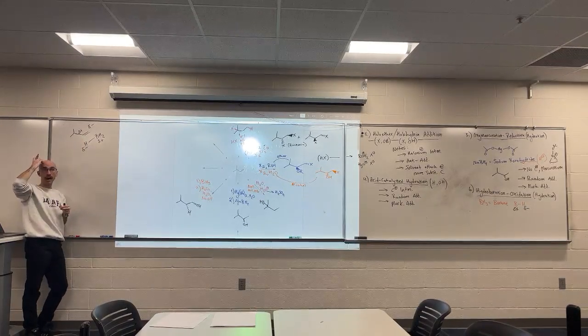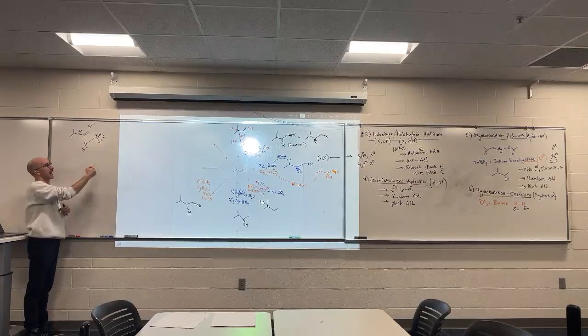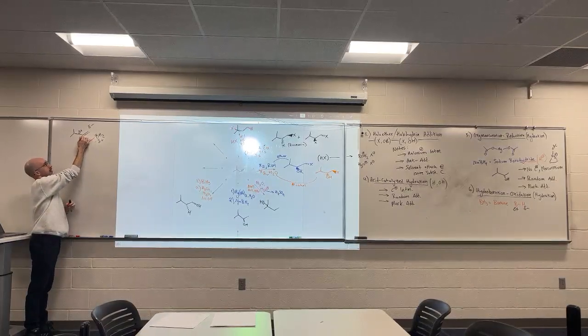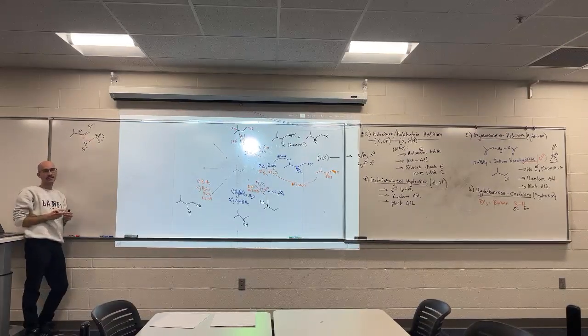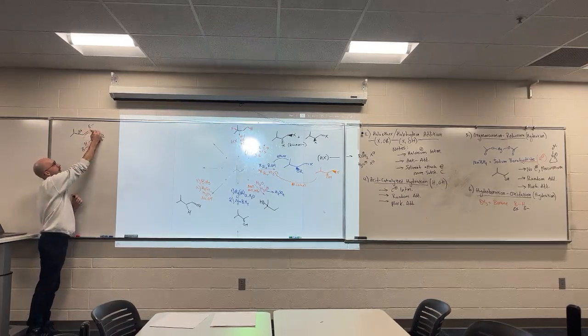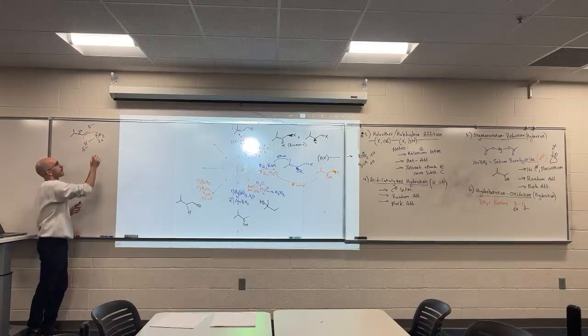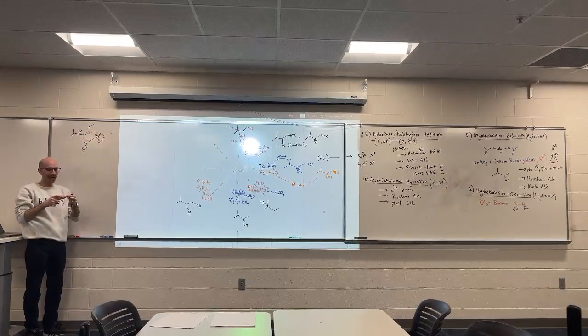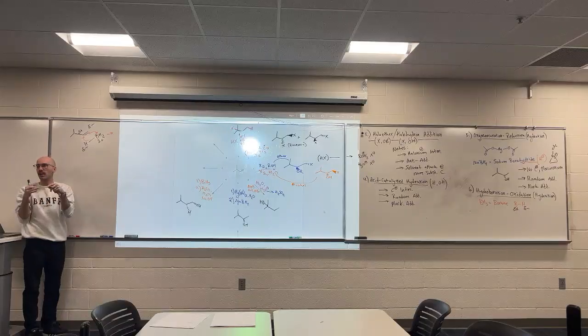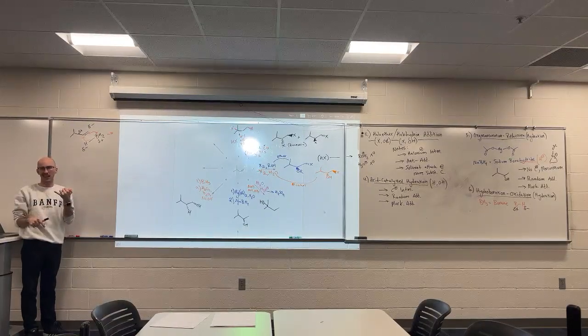If we were to show arrows here, we would say hydrogen takes its electrons, gives them to the partial positive carbon. Carbon takes its electrons, gives it to the partial positive boron. So we don't have a boronium intermediate. This isn't like the halonium intermediate.